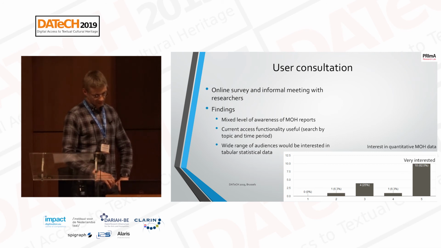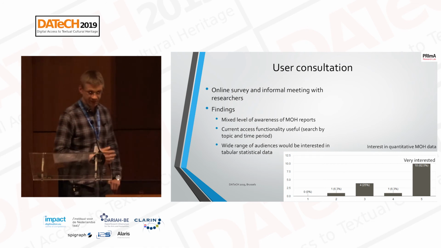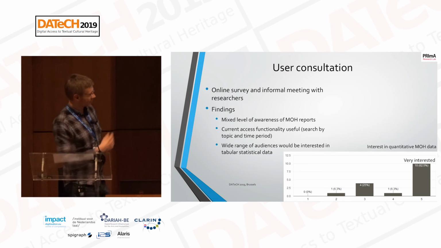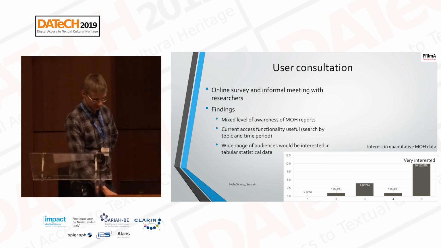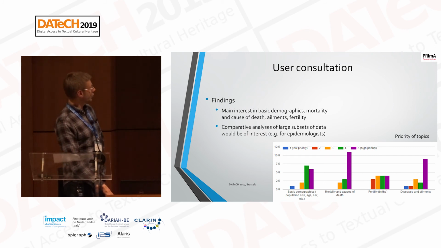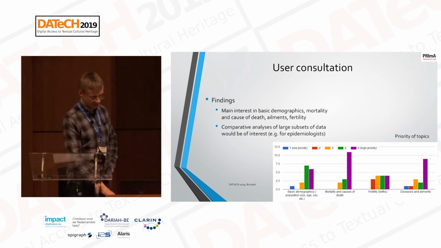And most of them would also be interested in statistical or tabular data. This is the bottom chart here, and most people would be really interested in this extension, essentially, of the data. Also, this is just an overview of what people would be interested in terms of topics.